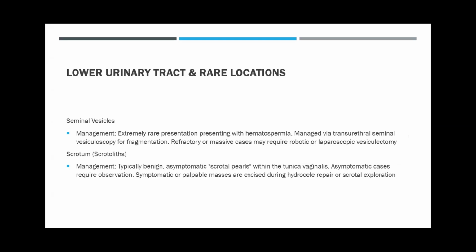In rare locations like the seminal vesicles, it's an extremely rare presentation, and usually the patient presents with hematospermia, and we manage it with transurethral seminal vesicoscopy for fragmentation. And a stone in the scrotum is typically benign, and most of the time it's asymptomatic, and it can be cleared during hydrocele surgery or during scrotal exploration.